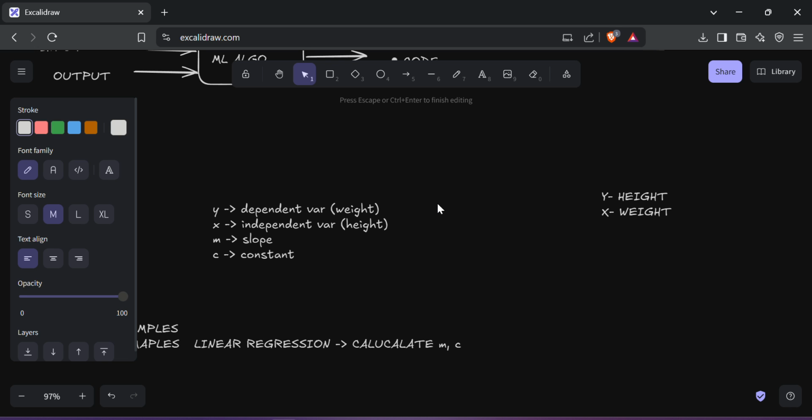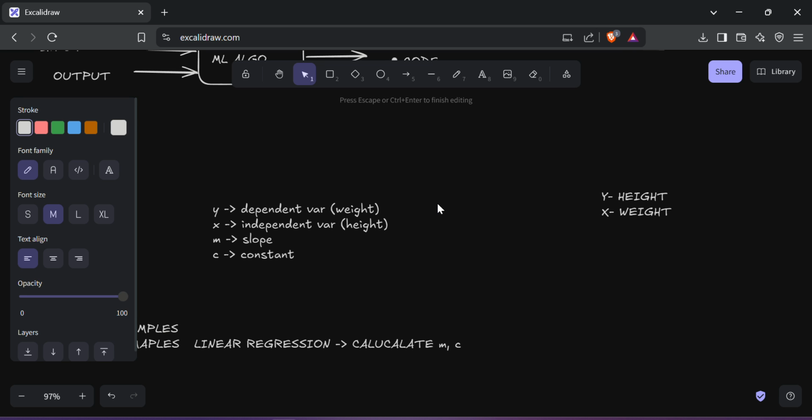We know that weight is dependent on height. So when you are very tall, your weight will be more compared to a shorter person.